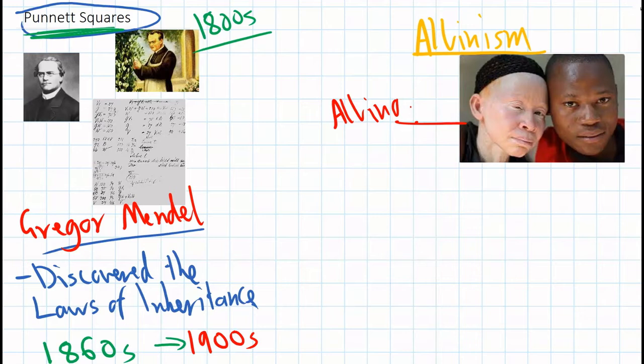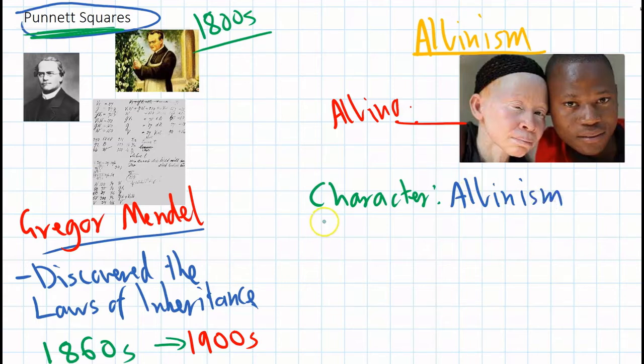So, in this case, we're looking at the character of albinism, or really of melanin production, but we'll call it albinism, that's fine. The phenotypes you can have for this particular gene, you can either be albino or you can be normal skin tone.